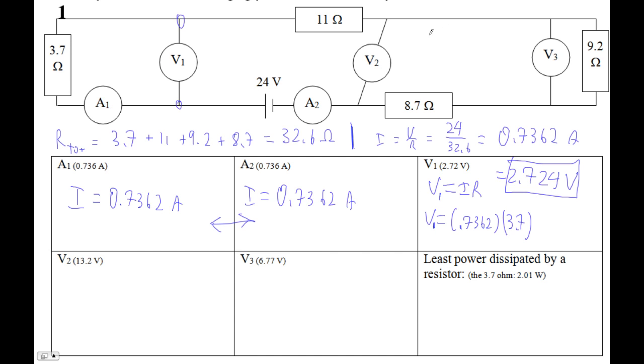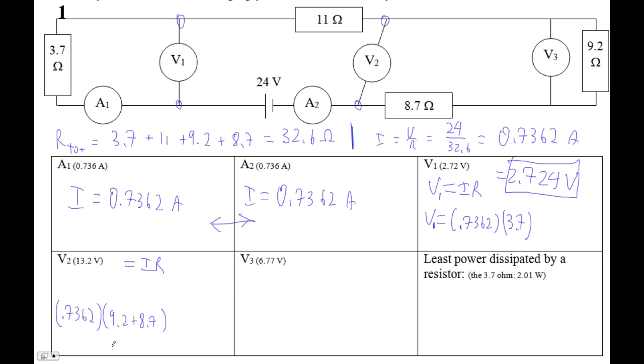V2 is here. Ooh, that's one of those tricky ones. So V is equal to IR. So that's going to equal 0.7362, and now we're going to go from upstream to downstream, swooping: 9.2 plus 8.7. Okay, here we go.